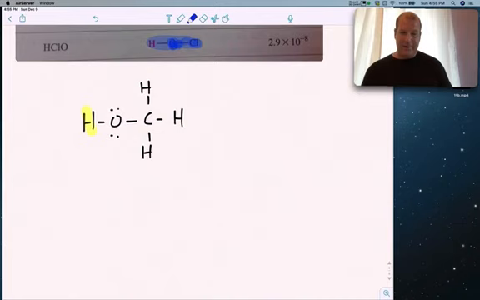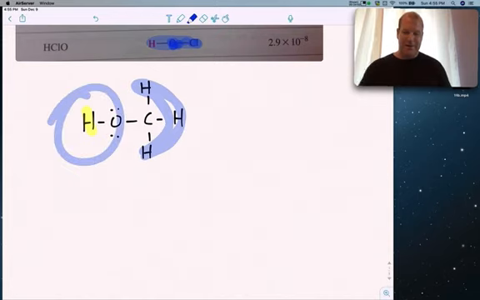Also, you'll learn about this in organic chemistry. If you take it, you'll refer to something as an acidic hydrogen. These hydrogens here on methanol are not acidic hydrogens. This hydrogen there in the OH group is an acidic hydrogen. So this is reactive.